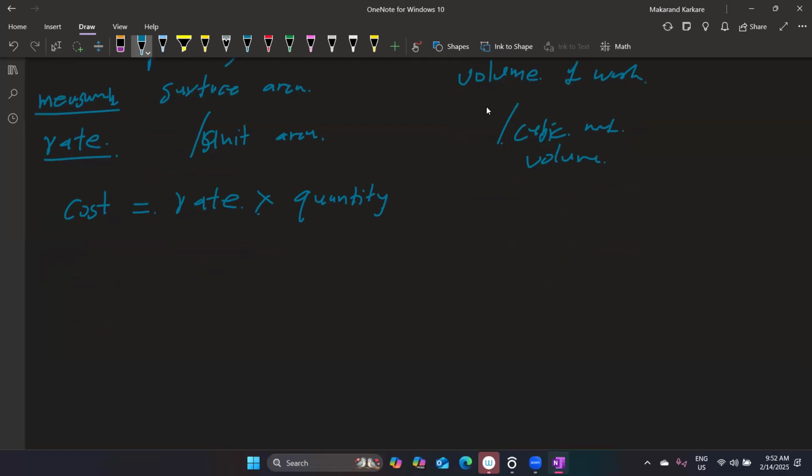Another important concept is that of area of cross section. Do you know what is meant by cross section?